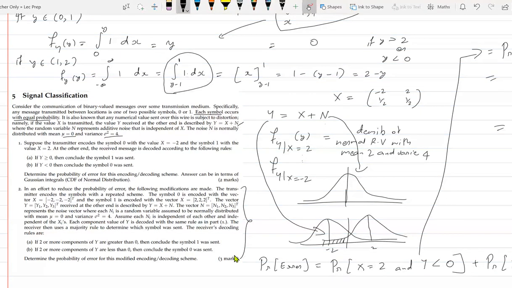If you saw 0 more than once, then you will say I sent 0. And the question asks what is the probability of error of this particular decoding scheme. This we already worked out in the lying Alexa problem, so I won't work it out. You can just refer to the lying Alexa problem, and that is actually a binomial distribution. Is the question clear?